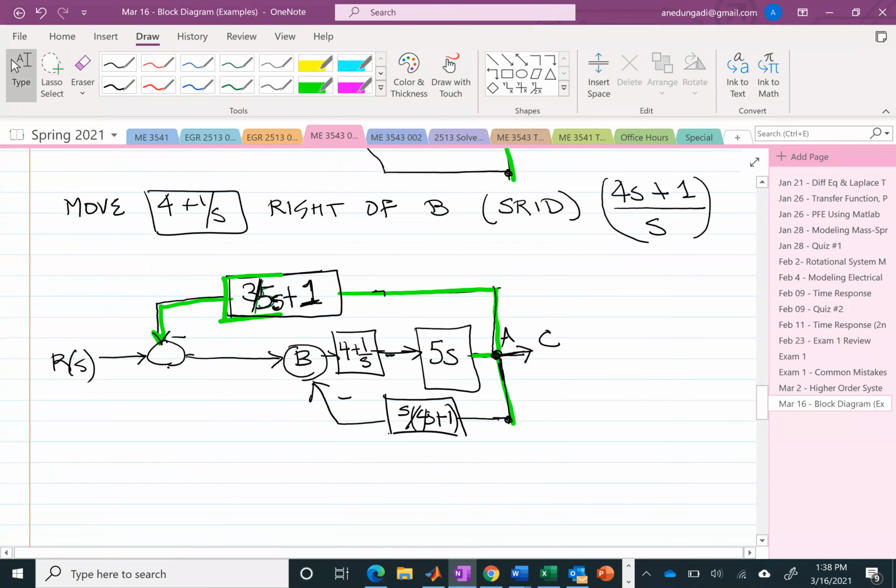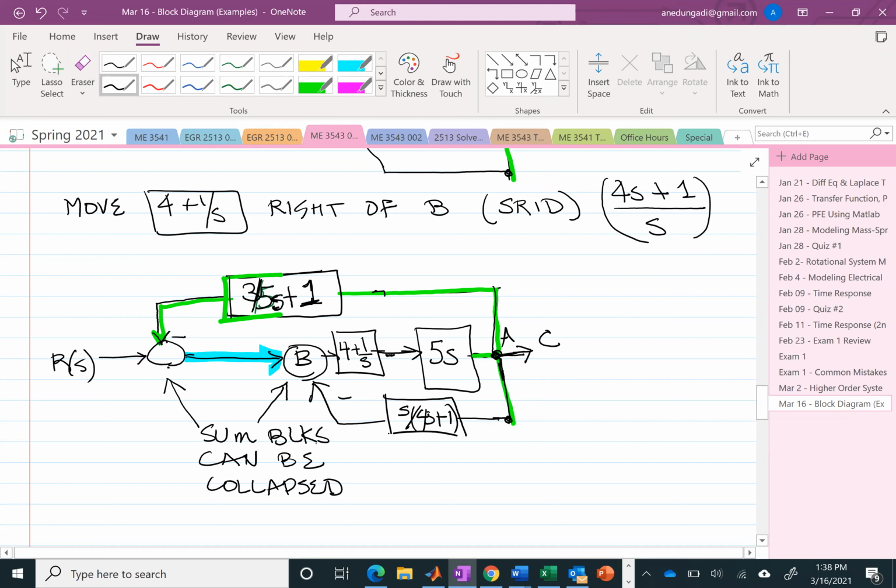Okay. Now, what do we have? Well, we have this interesting situation, which is basically one summation feeding into another summation, right? So that means that these two summation blocks can be collapsed. Do you agree with that? Because nothing is happening between this summation block and this summation block. So they can be collapsed.